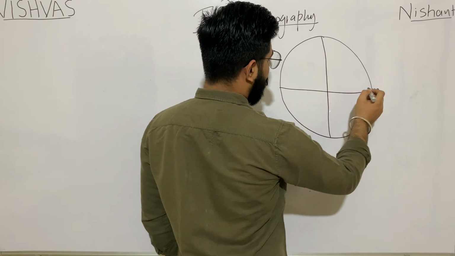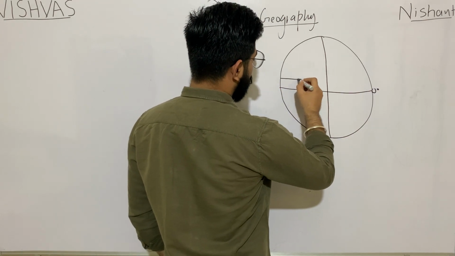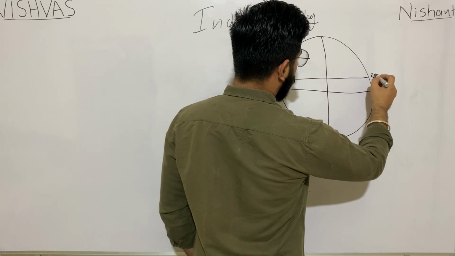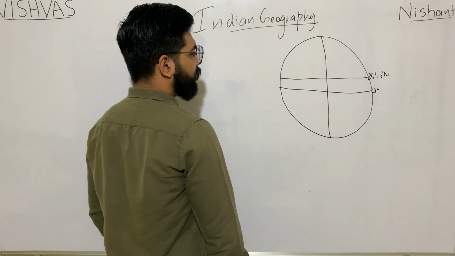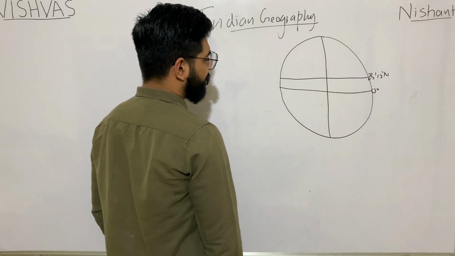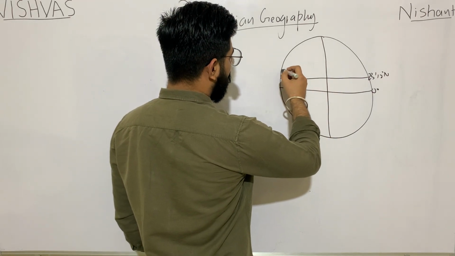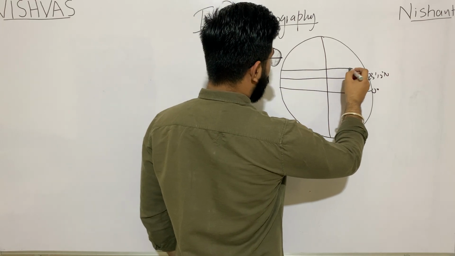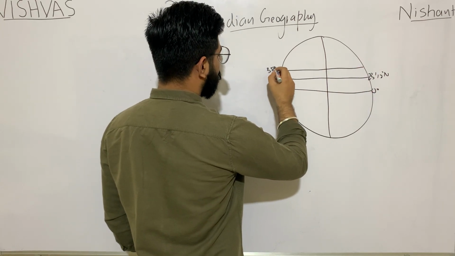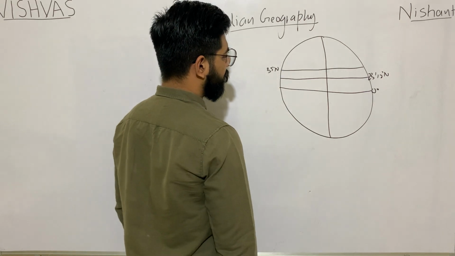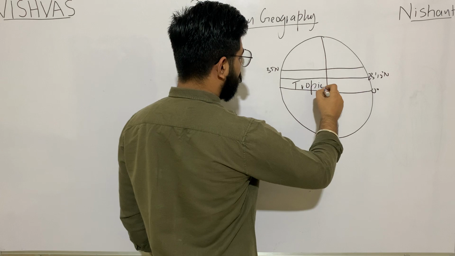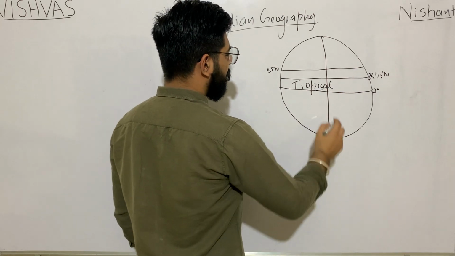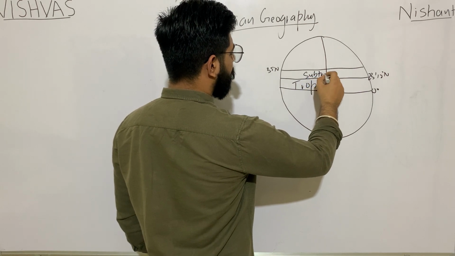If this is the equator, 23.5 north is the Tropic of Cancer, and till around 35 degree north, if this region is a tropical region, then this is a subtropical region.